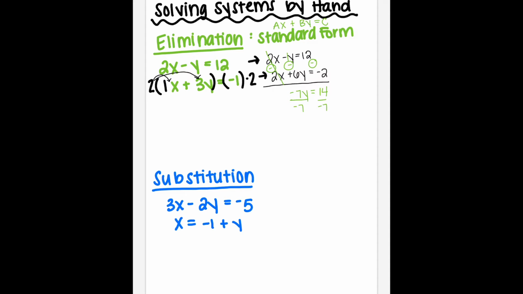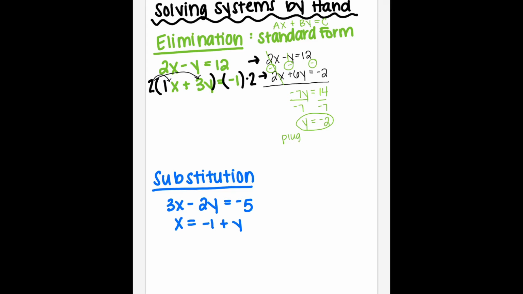Finally, to solve for y, we're going to divide by -7 on both sides. So we get 1y, or just y equals -2. So this is part of our answer, but it's not the final answer. When we're solving a system, we're looking for a point of intersection, or an x and a y.